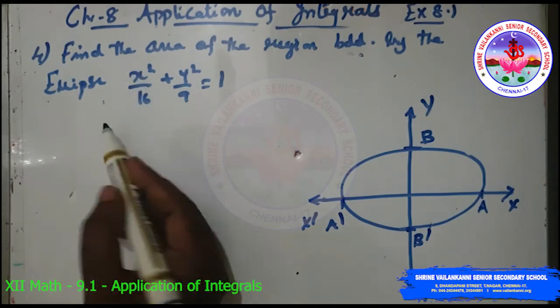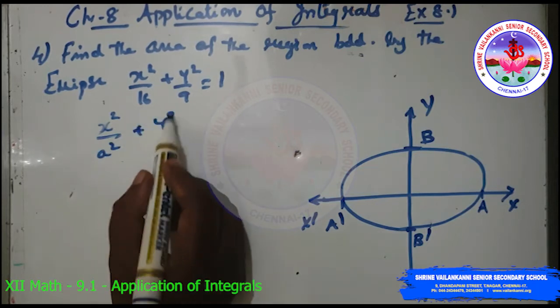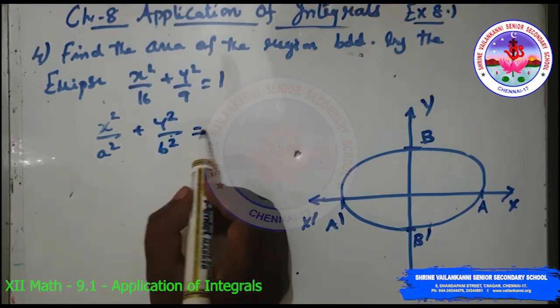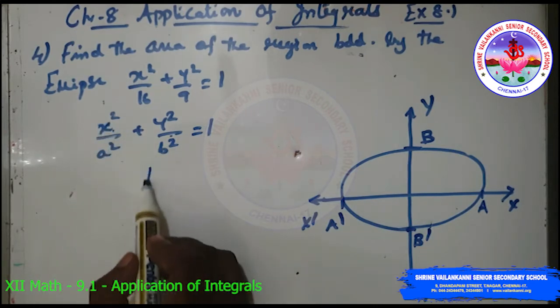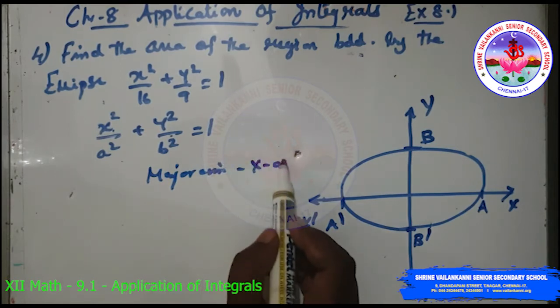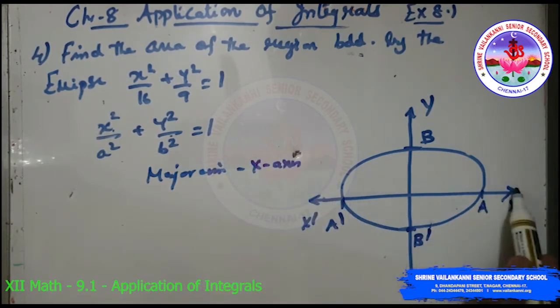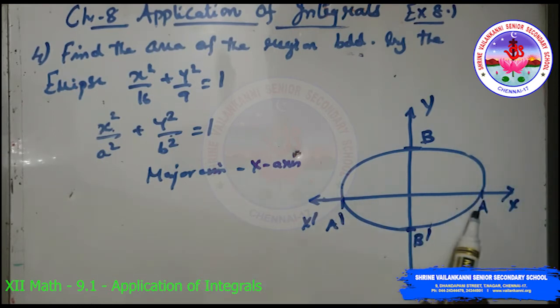So it is in the form of x square by a square plus y square by b square which is equal to 1. So the major axis is along x-axis, and the vertices are capital A and A dash.